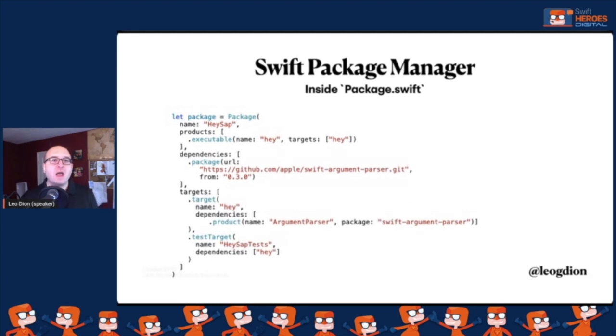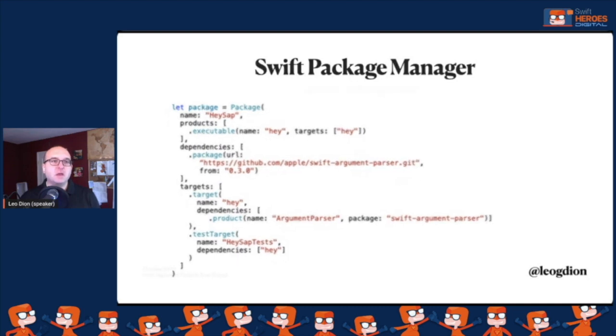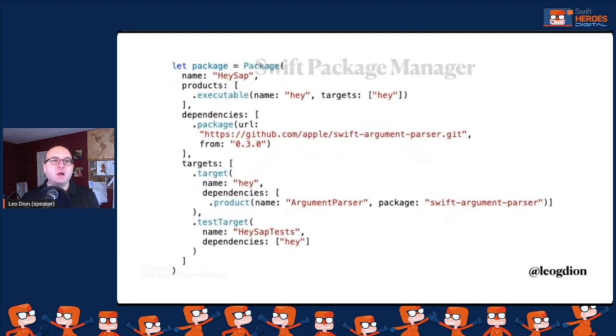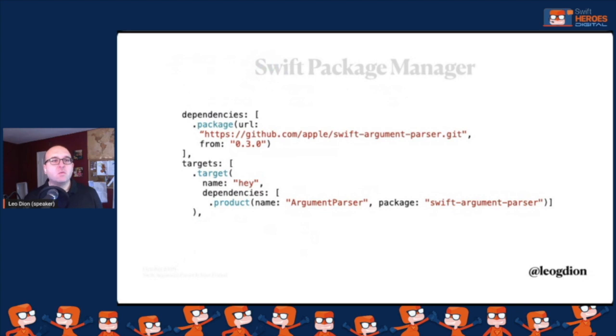If we want to add Swift Argument Parser, we're going to need to add a couple of dependencies in our Package.swift. In this case, we're going to be adding the dependency for the Swift Argument Parser repo, and we're going to need to add the dependency of the product under our target, which is our command line tool, in this case, Hey.